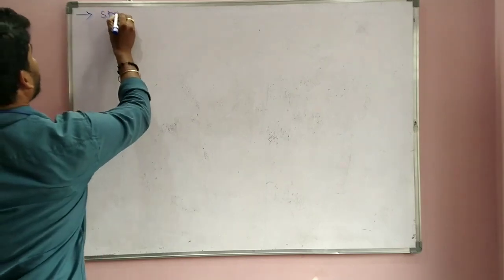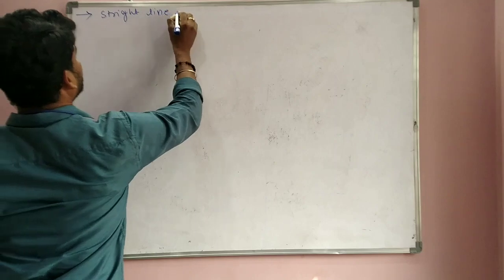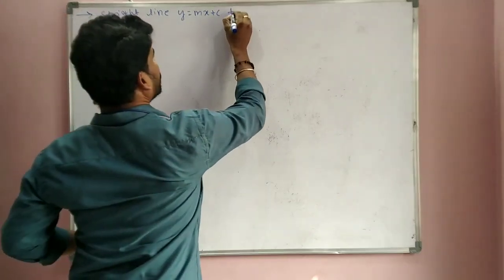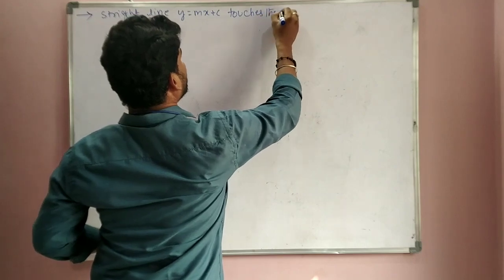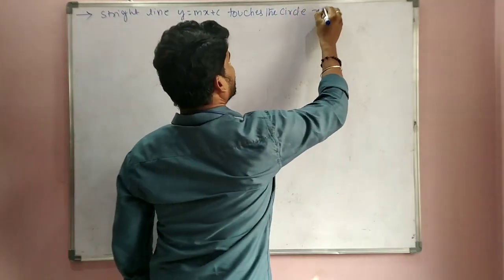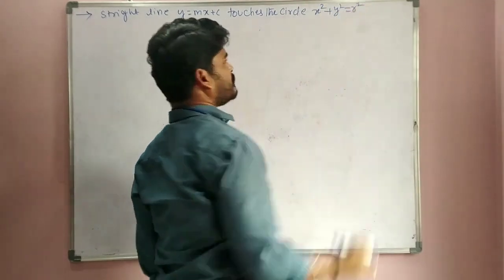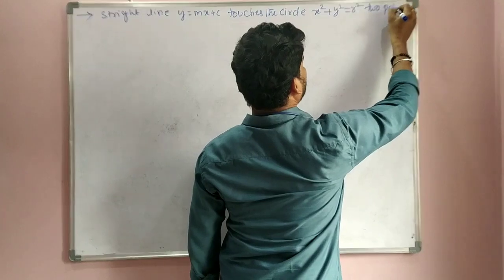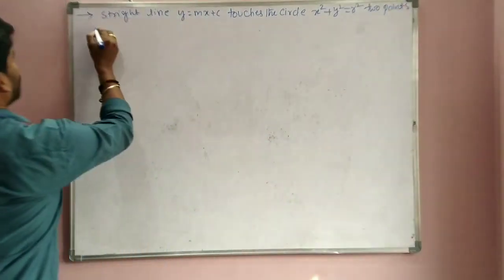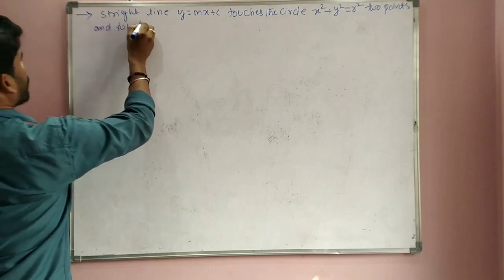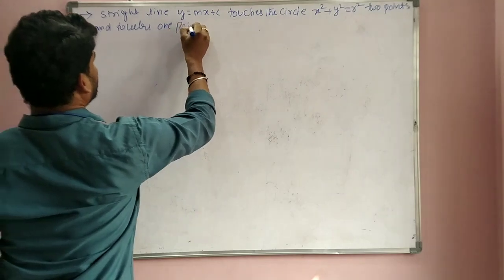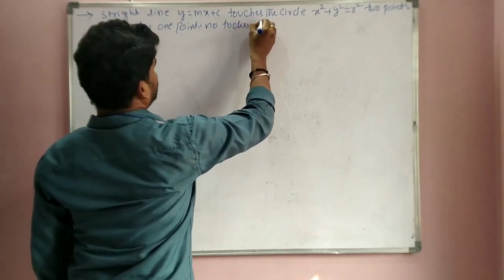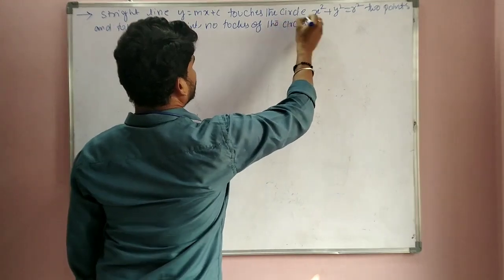The straight line y is equal to mx plus c touches the circle x square plus y square is equal to r square at two distinct points, at one point, or has no touching point with the circle.